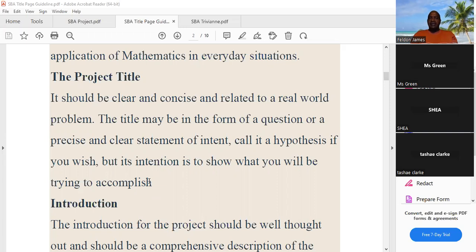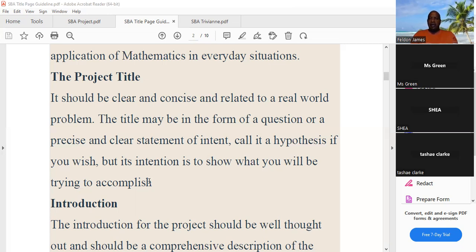Now, when you make a statement, you're claiming something. And whatever you claim can either be true or false, right? So let us think first of a question. How would you formulate a question for the title? So, lunch money, you could ask, what do students use their lunch money to do?